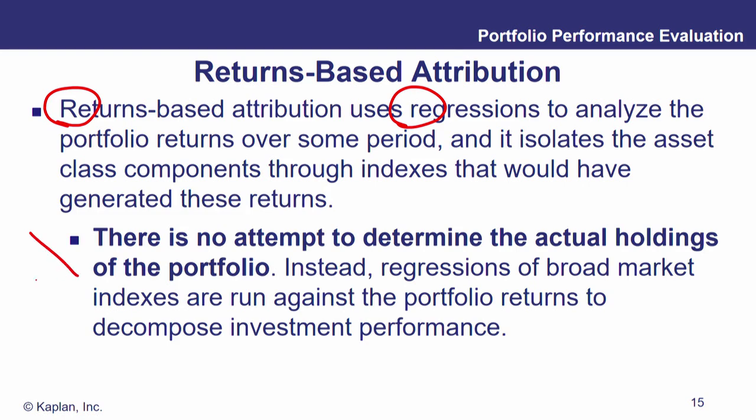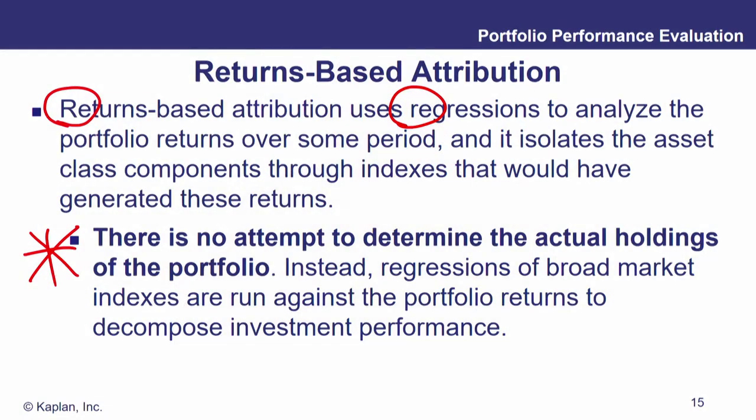This is the key, and also, this is a disadvantage. There is no attempt to determine the actual holdings of the portfolio. So wait a second, you're analyzing my portfolio and you didn't even look at what I owned? No, they don't. They run regressions of broad market indices against the performance to decompose investment performance.